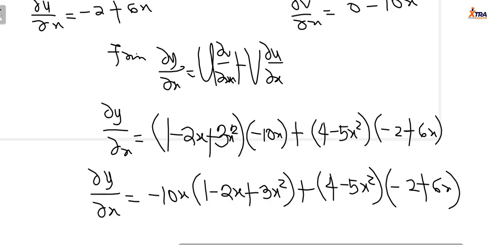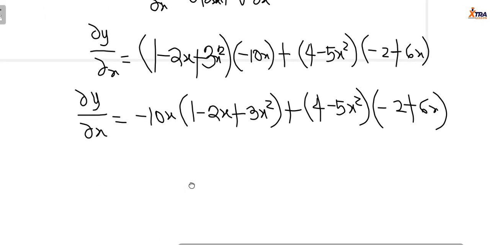So we have dy over dx equals to, we expand this now.